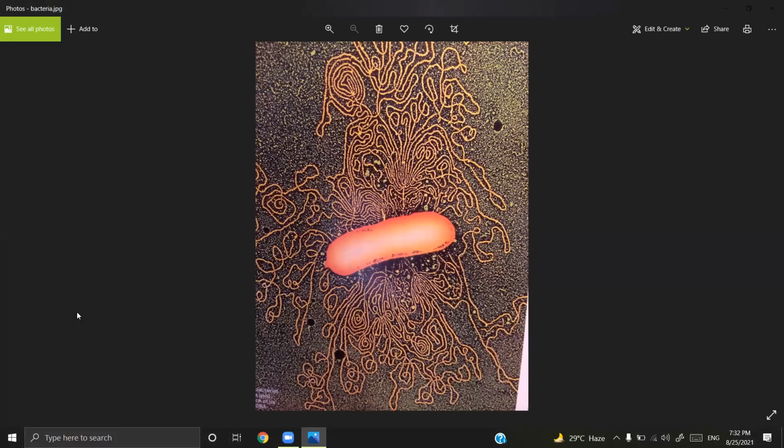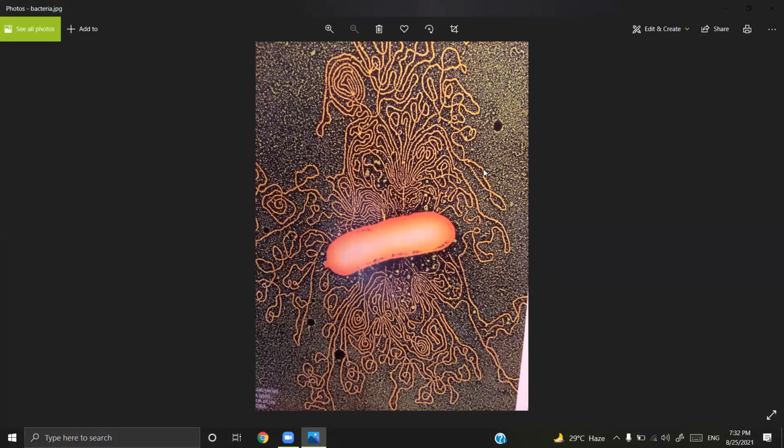If you're going to remove the DNA of the bacteria, that is a prokaryote, you can see some loop-like structures, right? These are the loops that you can see in the chromosome or the DNA of your bacteria.